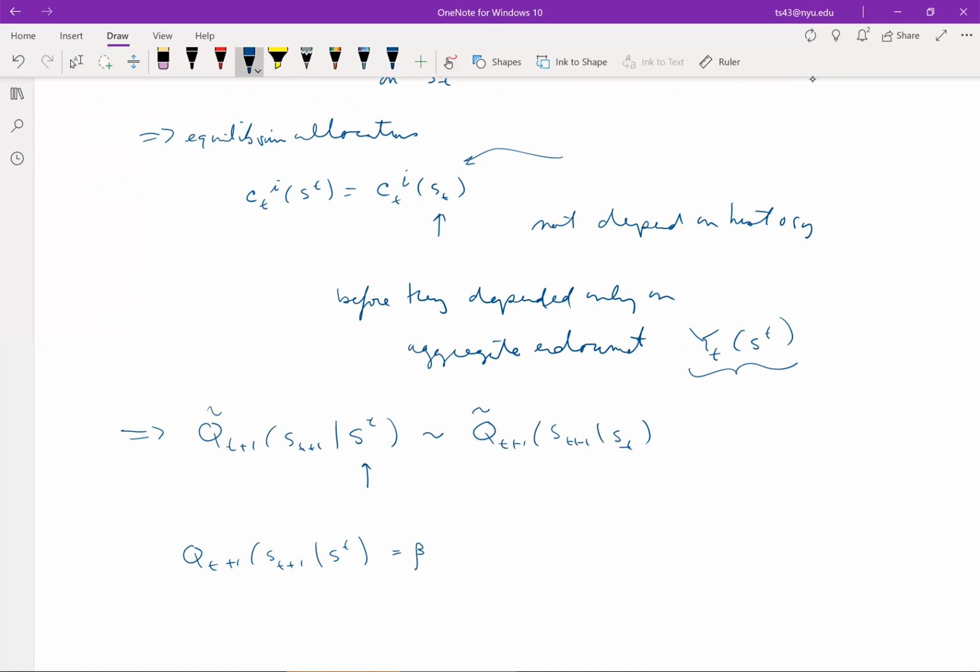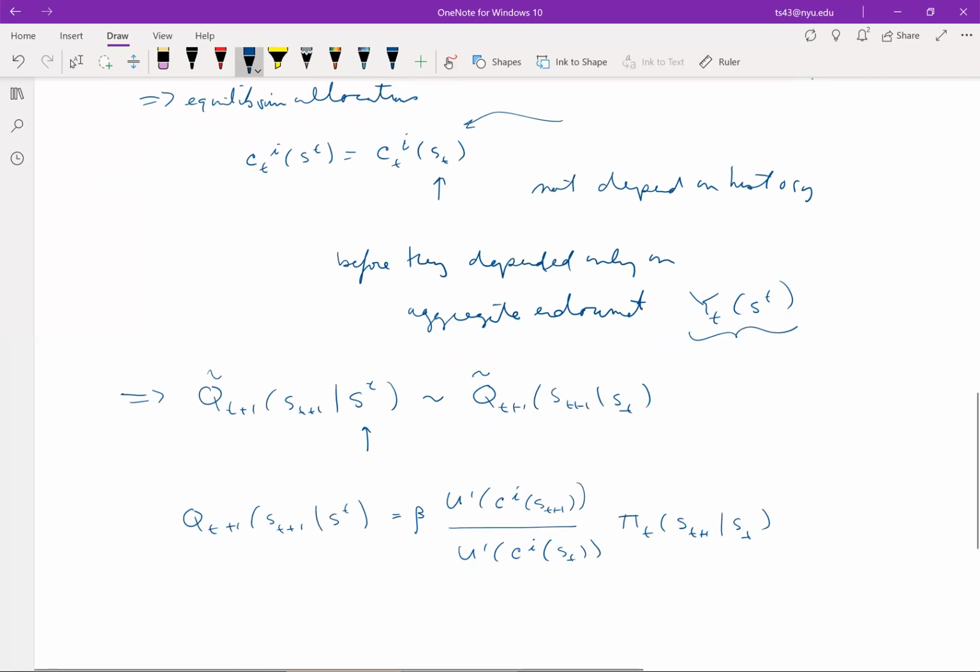It's beta U prime, for any individual, again for any individual, times now the one-step Markov transition probability. So this is our formula.